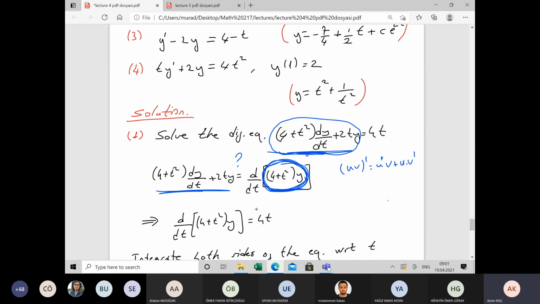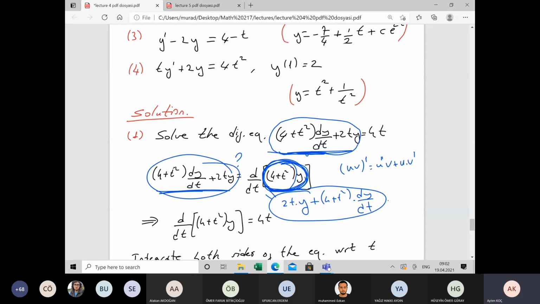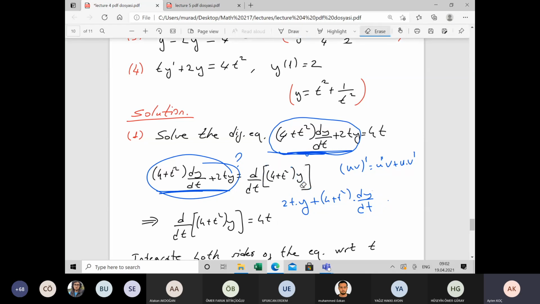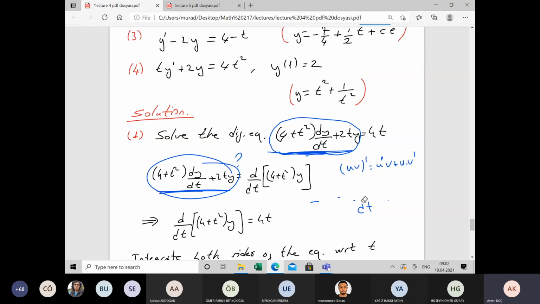Let's check: derivative of the first one, 2t, times the second one, plus the first one times the derivative of the second one, and this is equal to this one. Look, the same. So the left side is equal to the derivative of this product.